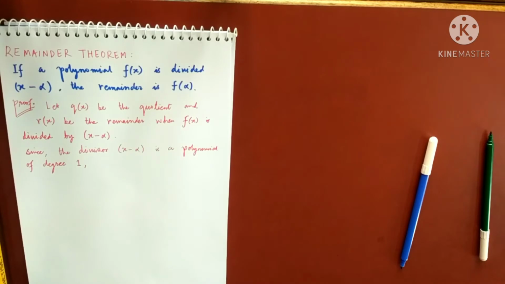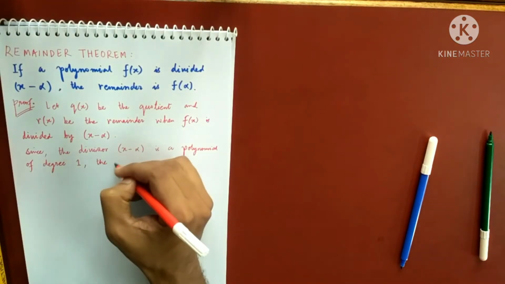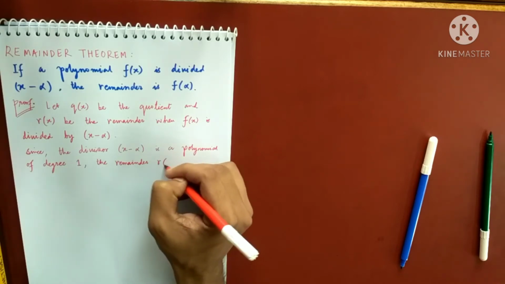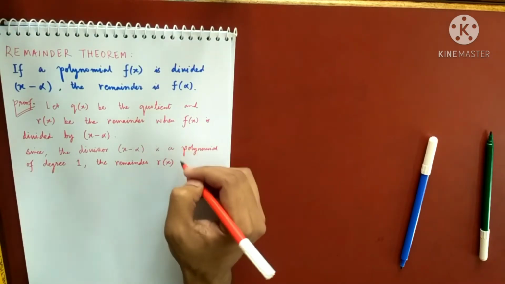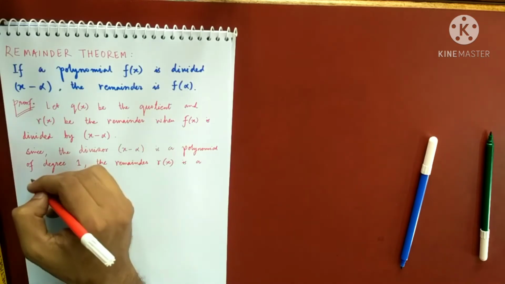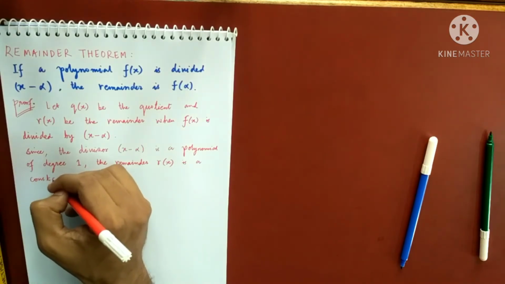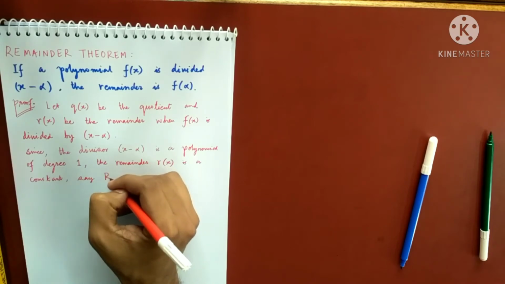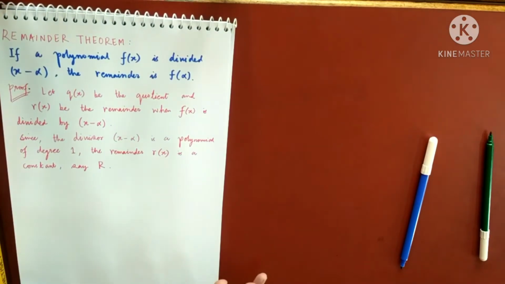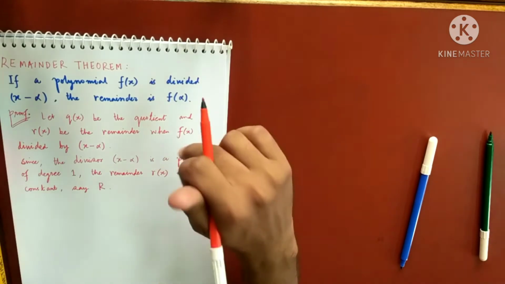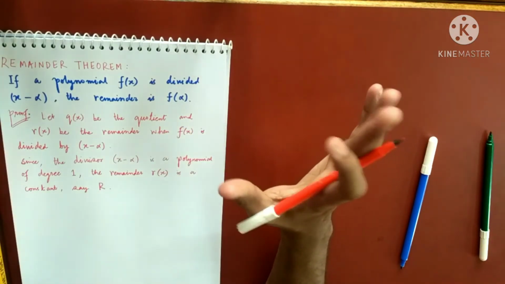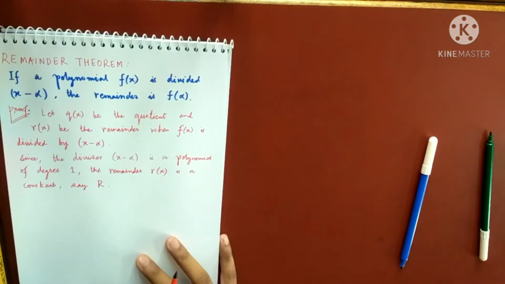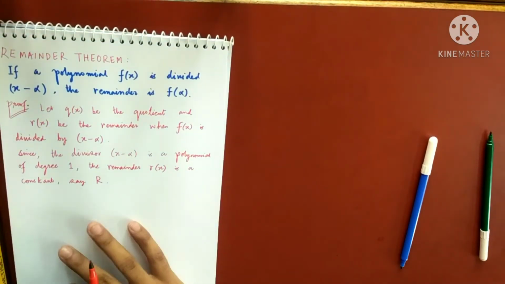So the remainder r(x) is a constant, and let's call that constant r. I am dividing f(x) by x minus alpha. Suppose the quotient is q(x) and the remainder is r(x); this too is guaranteed by the division algorithm.